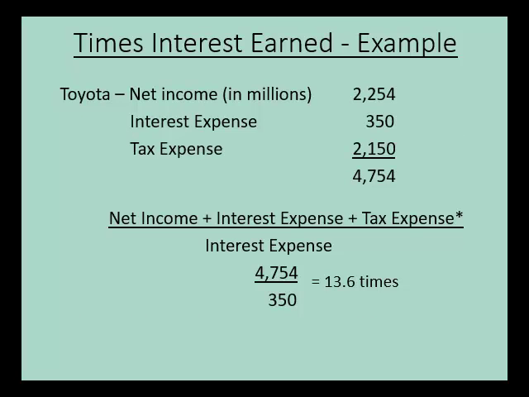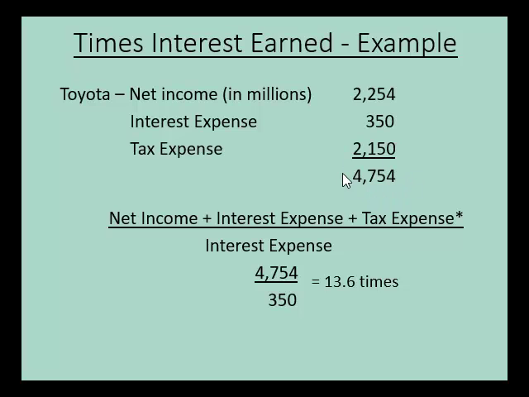So for example, Toyota, if its net income in millions of dollars was 2,254, so that would be 2,254,000,000, and if its interest expense was 350 million and tax expense 2,150,000,000, here we've added back the interest and the tax expense to the net income number.